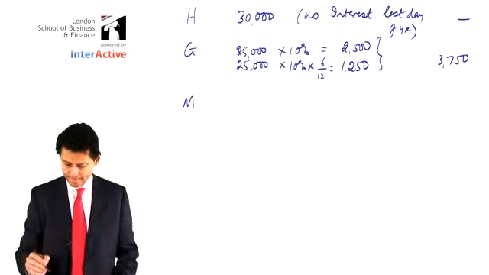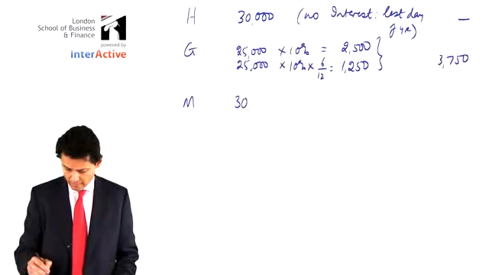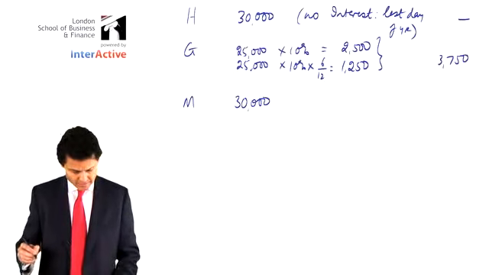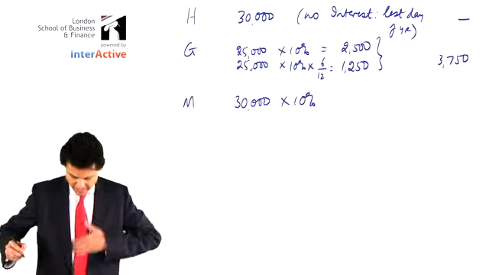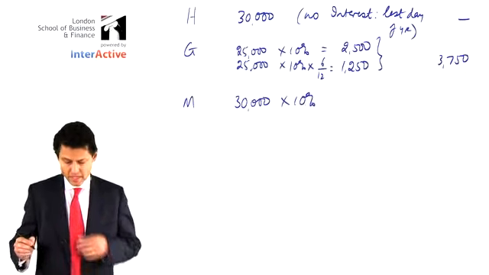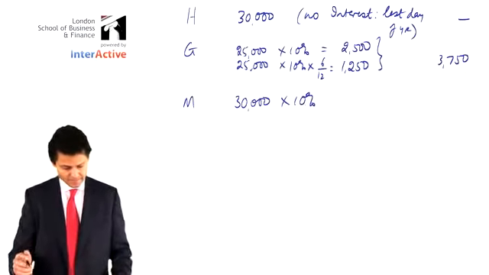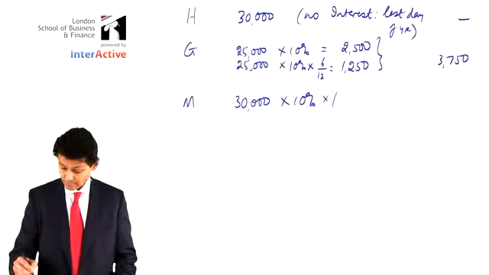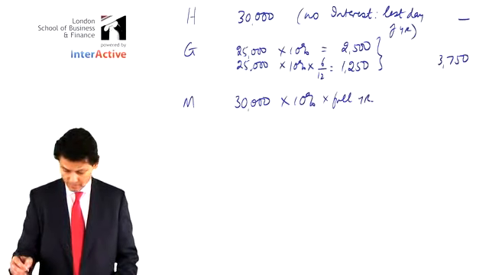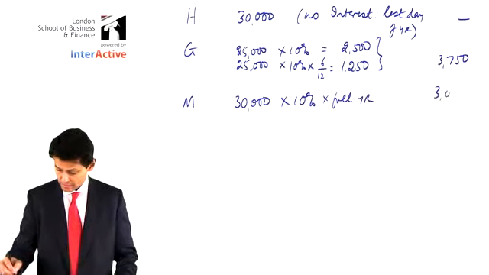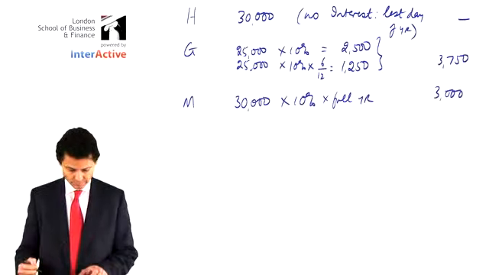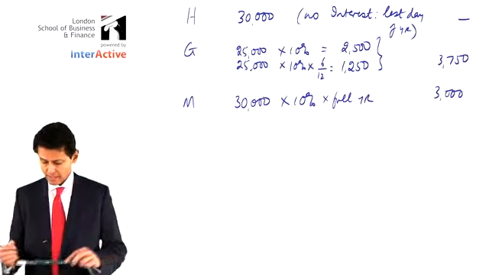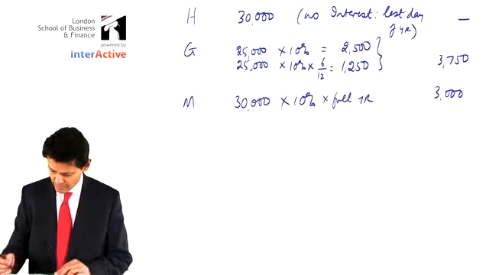And then you come to Mark, 30,000 multiplied by 10%. 30,000 multiplied by 10% is for a full year. So I suppose that is 3,000. That's quite interesting, seeing how much of the profit is.